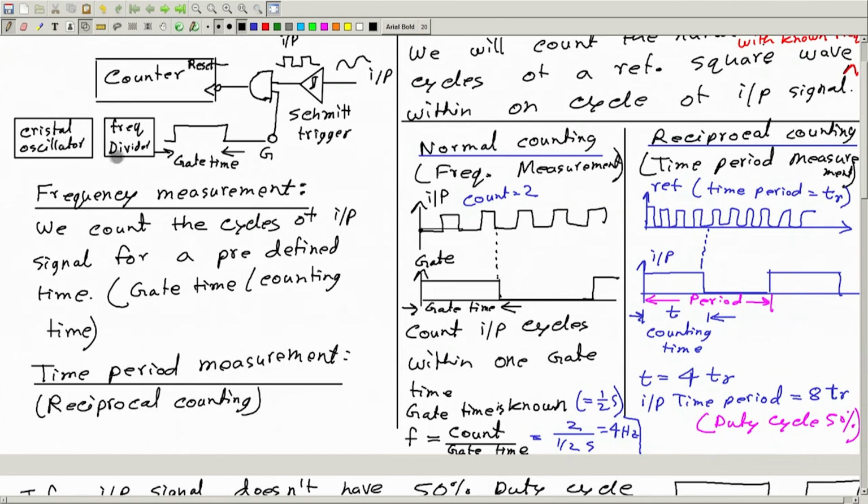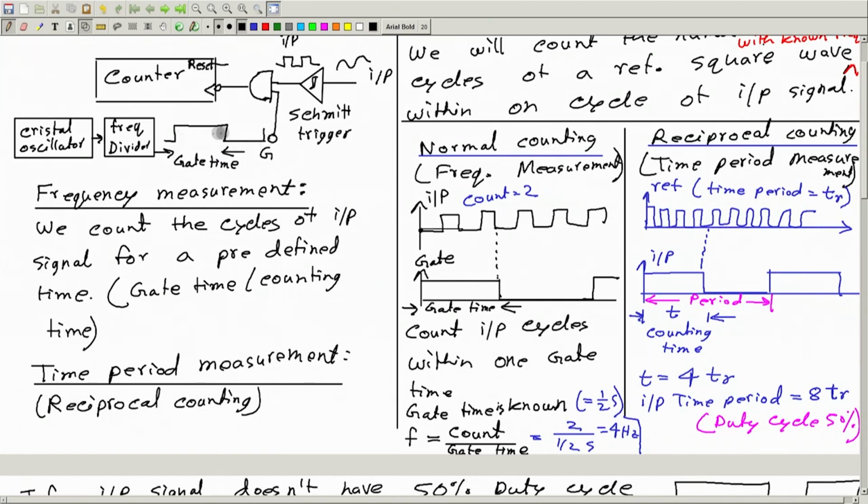Now, I will talk about the frequency divider later separately. So, say the task of this frequency divider is to simply divide the frequency of this signal. Say if this is 1 megahertz, it may bring it down to say 1 hertz. Therefore, the time period of the gate signal will be 1 second.